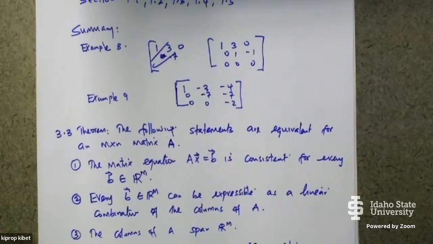In the last matrix it might not be consistent for B1, B2, B3, so it will not be consistent. We should have the pivot position in each row. So example number 8 here is not consistent, because we are looking at the matrix A, not the augmented matrix. Okay.